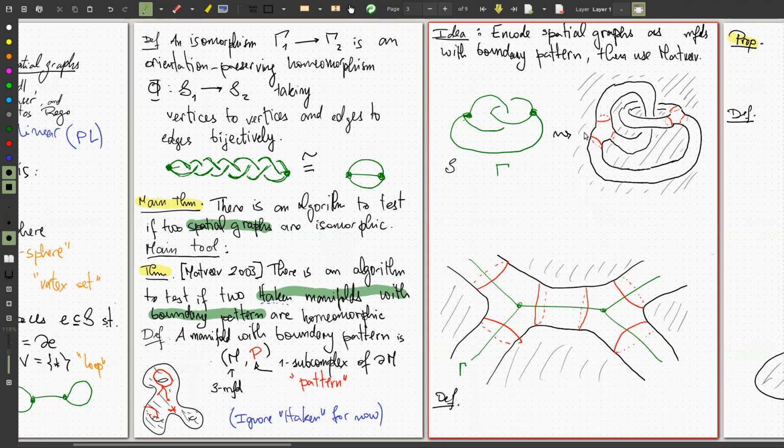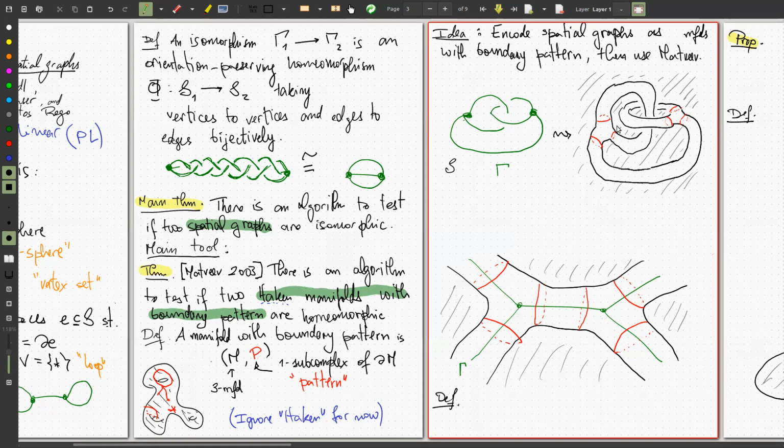Whenever an edge joins the region corresponding to a vertex, you put a little circle like so. And then if you have the thing on the right, you can reconstruct the graph because you just put a vertex at the center of these vertex regions and an edge going through these tubes.